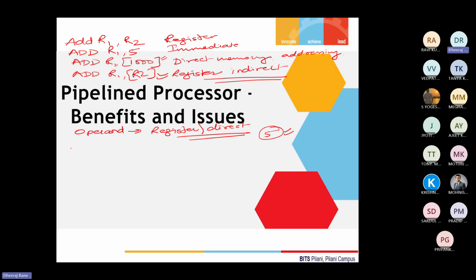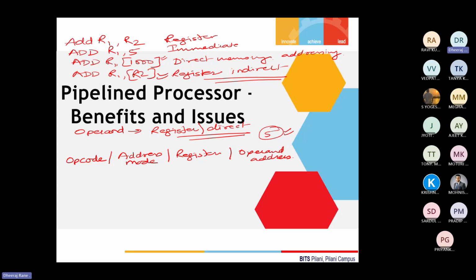If not, then there can be a measure where we have the opcode corresponding to the add instruction, then directly we can have the bits reserved for the address mode, then for the register, which particular register is used, and finally the operand address.